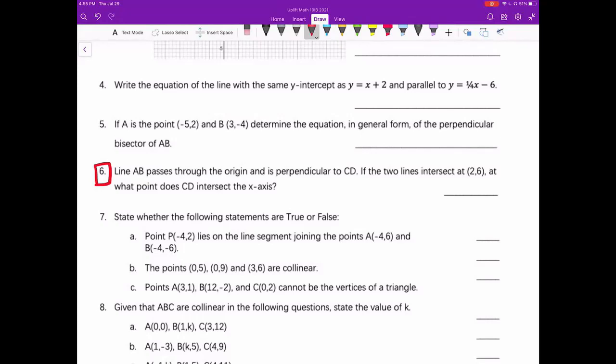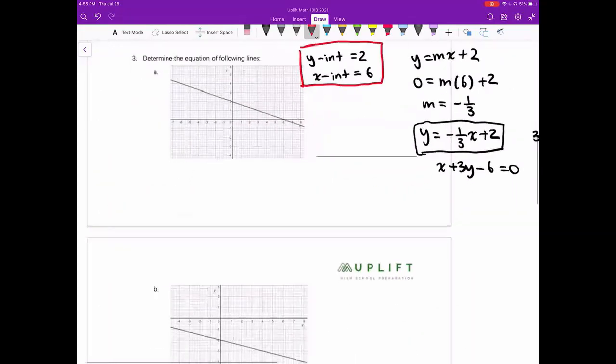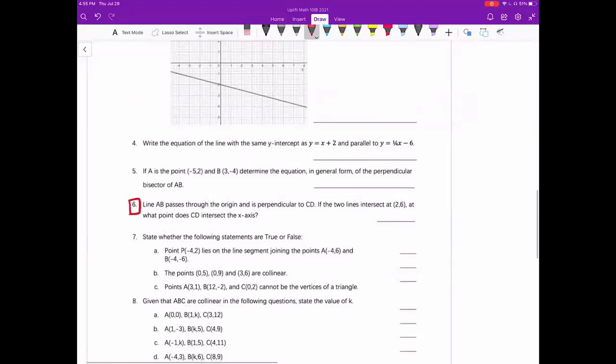X plus 3y plus 2. Close, but not quite. You forgot to multiply the 2 by 3.